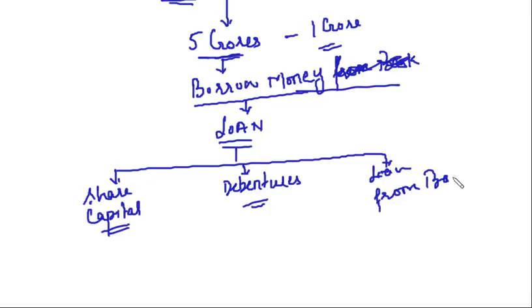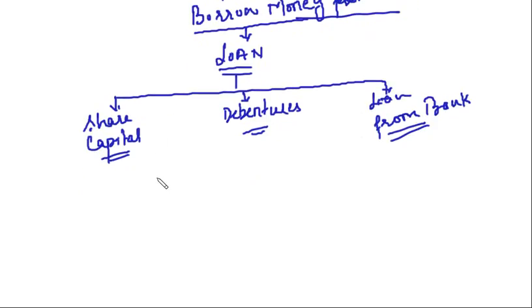Now friends, I am doing this chapter before shares and capital. I got a request from some of the friends to do cash flow first, so I am doing cash flow first. Otherwise, I would have done shares and debentures first. So I will not go into detail on shares and debentures.